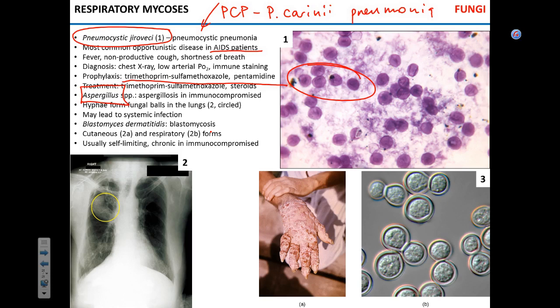And if those spores of Aspergillus end up in the lungs of immunocompromised patients, they will start to grow as the mold. So imagine the growth of the so-called fungal ball in the lungs. Does that make sense? So you have a mycelium growing in the lungs.